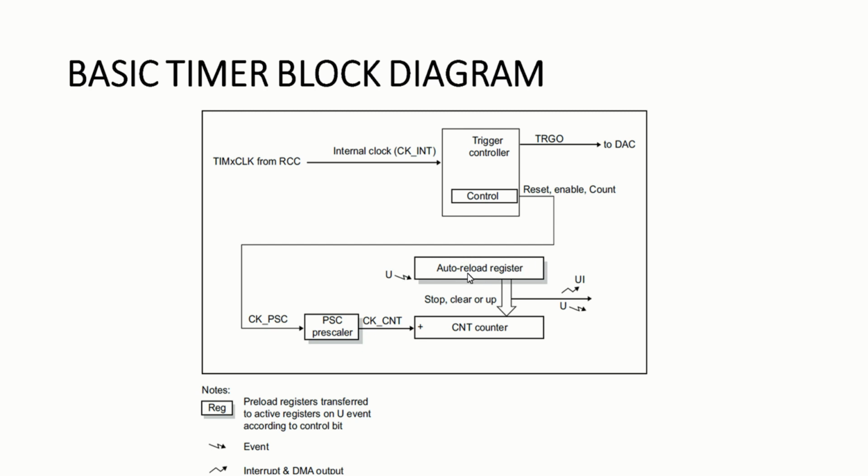So 5 will be stored here, and the counting happens from 0 to 5, and when the CNT register reaches the count 5, the auto reload register and the CNT register will match, and this match will generate an interrupt, you can see. So these are the things that can be generated whenever a match between the ARR register and the CNT register happens. This is the basic principle of working for a timer in our STM microcontroller.